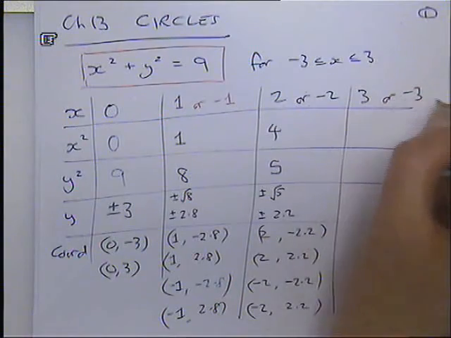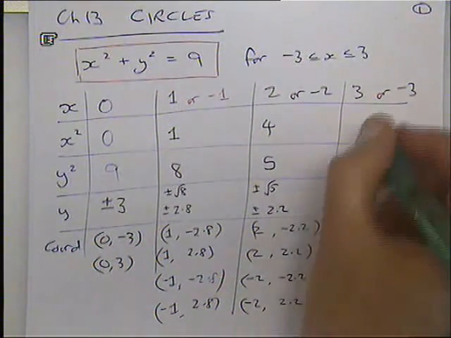Just if you're going to graph it, just round it to one decimal place. You're never going to graph it more accurately than that.